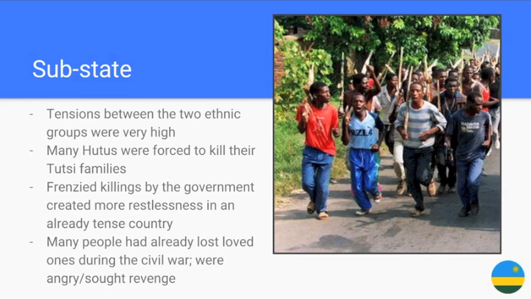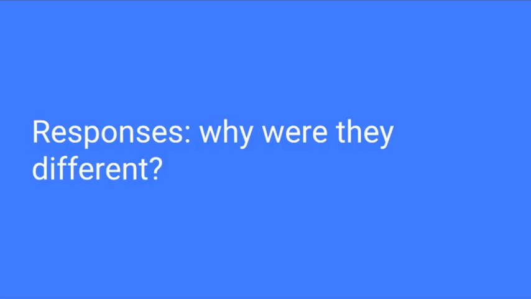So many regular Hutu men, as you can see in this picture here, would just join this militia and start slaughtering Tutsis. A lot of people had already lost loved ones during the Civil War, so many Hutus perhaps were trying to seek revenge. They were angry. Overall, it was just a really, really sad and angry environment.